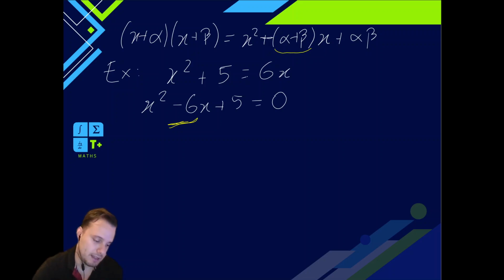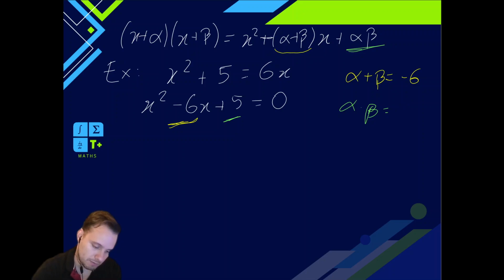Okay, so we have that alpha plus beta is going to be equal to negative 6. And then this 5 over here is going to be playing the role of alpha beta. So we have that alpha times beta is going to be equal to 5.